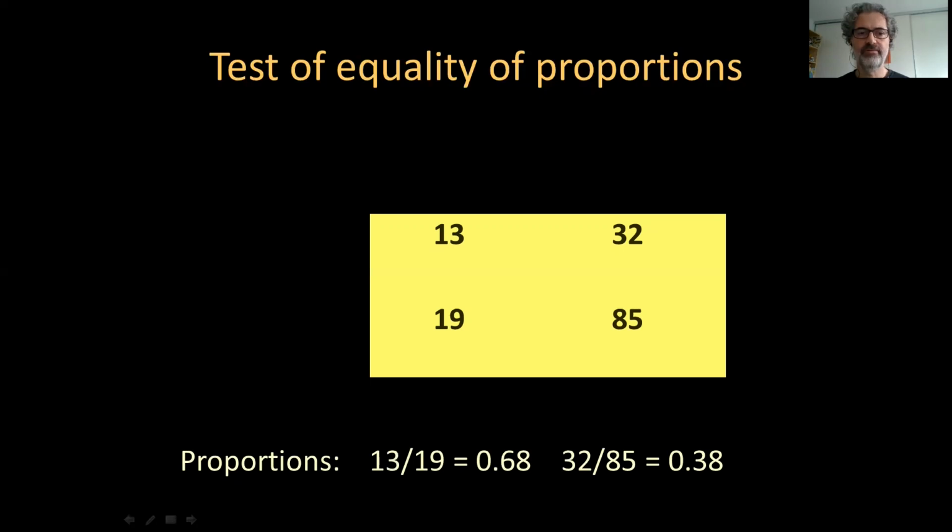So 13 over 19 is 0.68. 32 over 85 is 0.38. It's good that this proportion is higher than this proportion because it suggests that there is a higher proportion of children in the clinically designated impaired category that are rated to be impaired by the teacher checklists than the proportion of children in the non-impaired category according to the clinical evaluation, as it should be.